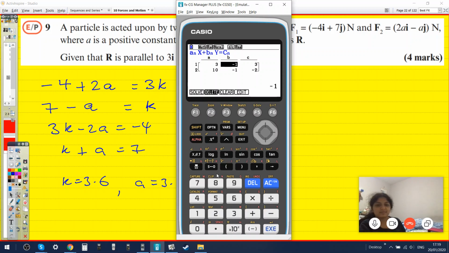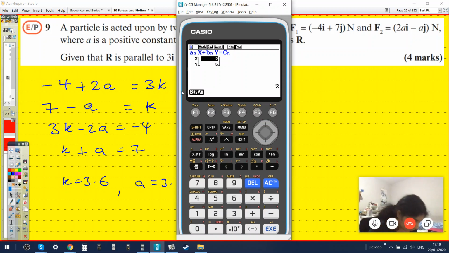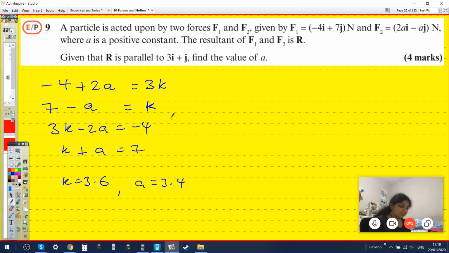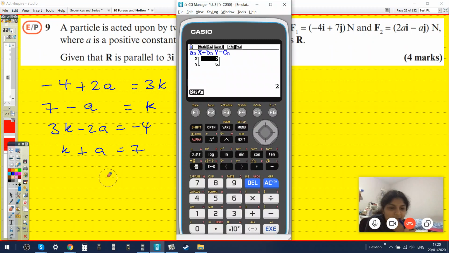Okay, so 3 minus 2 and minus 4. 1, 1, 7, 2, and 5. I don't know why I keep getting them wrong. Calculator. Don't try any fancy stuff.